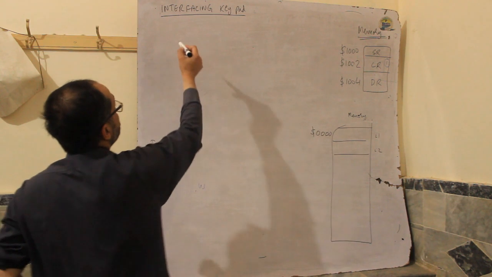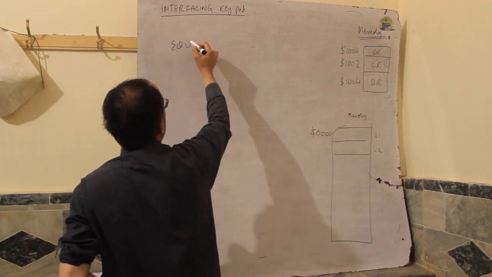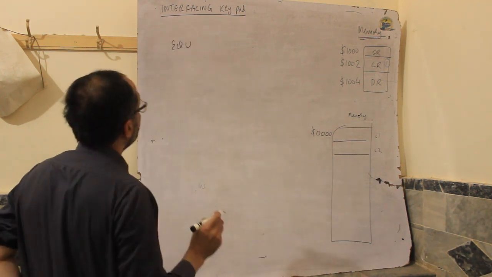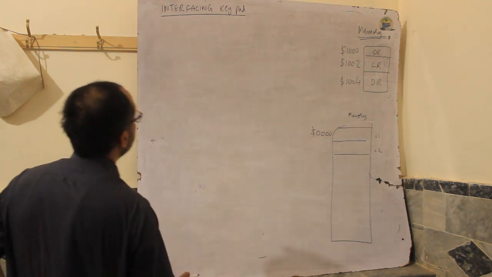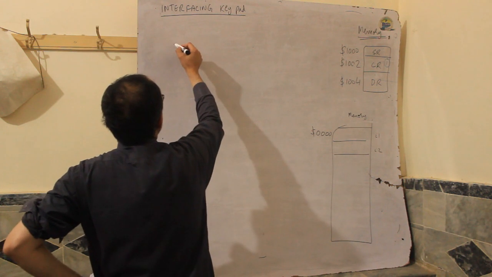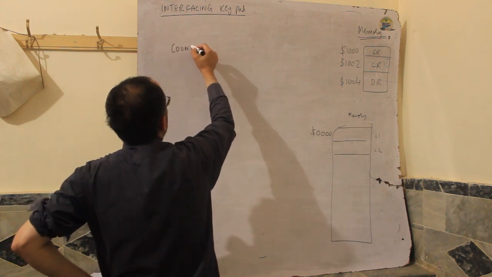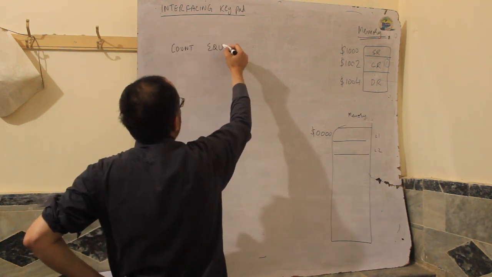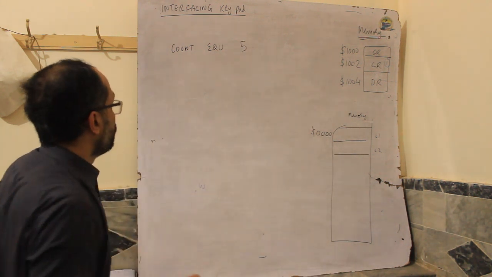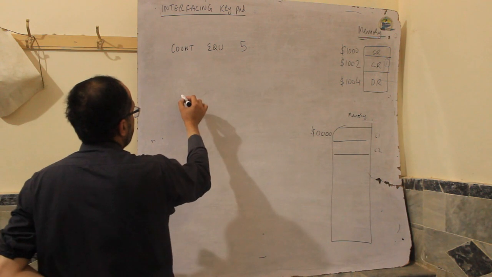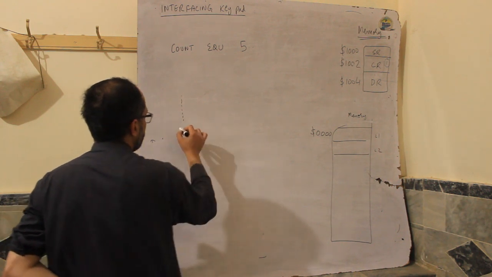Before explaining this, we will study eq. What is an eq directive? It is the eq mnemonic in assembly. Let's assume that we say count eq 5.